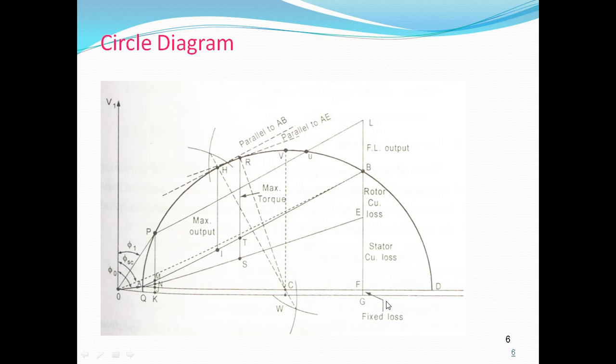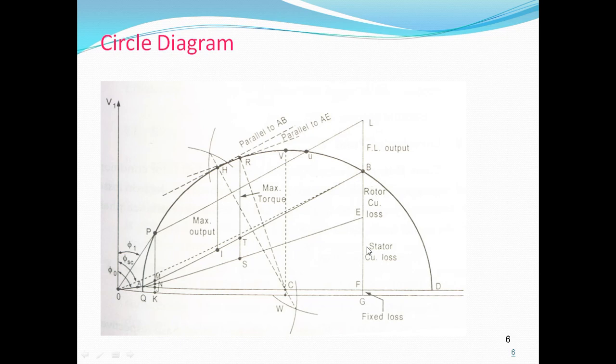FG represents the fixed losses, that is stator core losses and friction and windage losses.